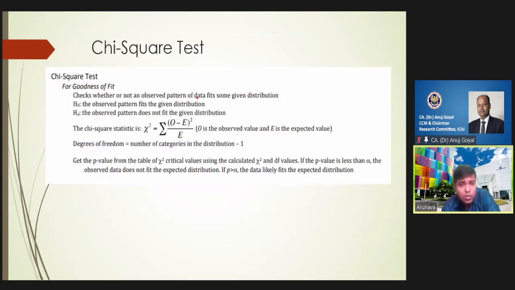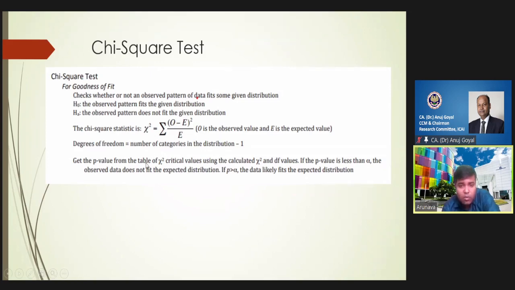And there is another test known as the goodness of fit. There we check whether an observed pattern of data fits the given distribution, or does not fit it. So here we have some observed values and some expected values, and we compare whether the observed and the expected are matching or not, using a sum of all these as the chi-square statistic.